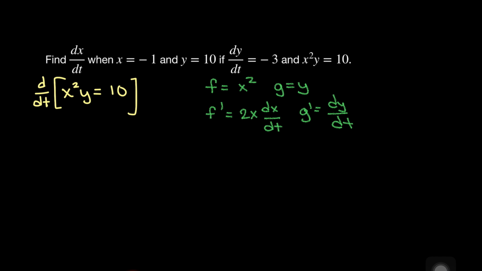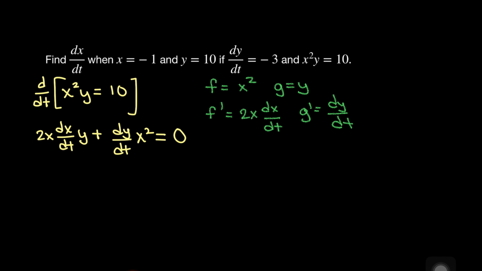Plugging this into my product rule, I get f prime times g, so 2x dx/dt times y, plus g prime times f, which is dy/dt times x squared. Then the derivative of the right-hand side of this equation, just a constant 10, is 0. So now that I've taken the derivative, I actually have a relationship between my derivatives.